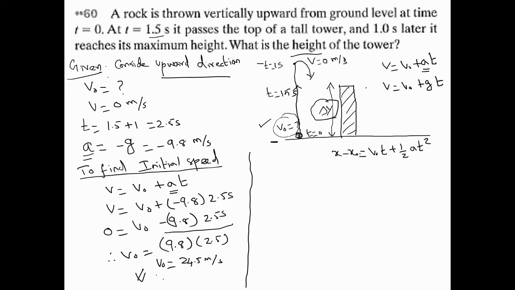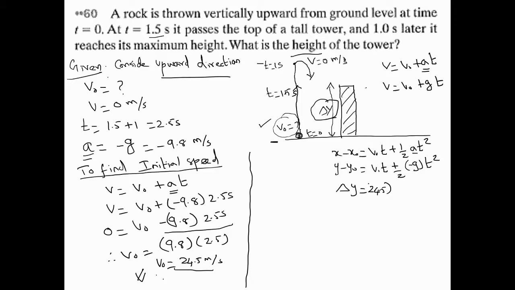Now this question is related with our y-axis, so I have to write the x in terms of y minus y naught, because this equation is related with the y-axis. So V naught t plus half g, which is minus g, multiplied by t square. So this is your delta y, which is equal to our initial speed we got from the first part.